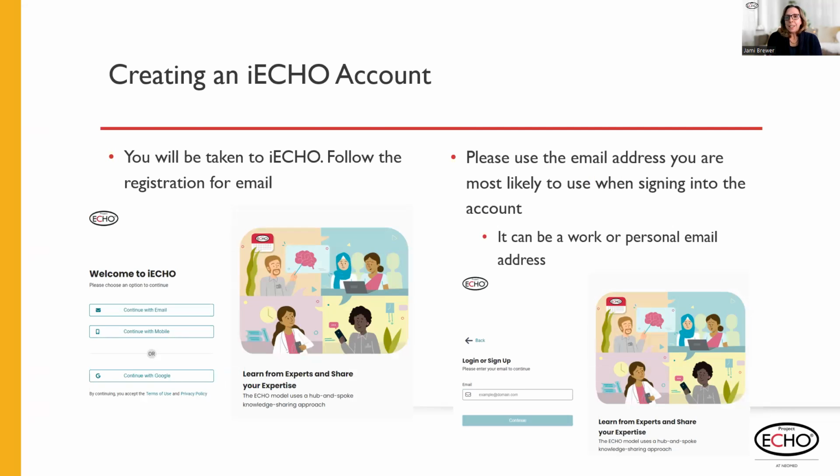When you click on that link that says join program, you'll be taken to iECHO to complete a registration. So use the email address that you are most likely going to be using to sign into the program. If you want this to switch to a personal email, let us know, and we can change that within the platform and send you a new invitation.